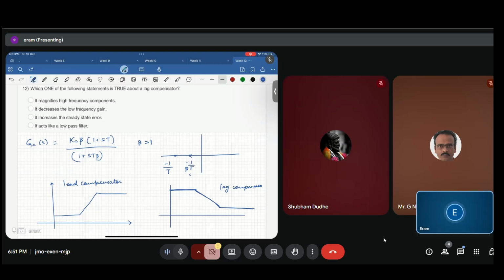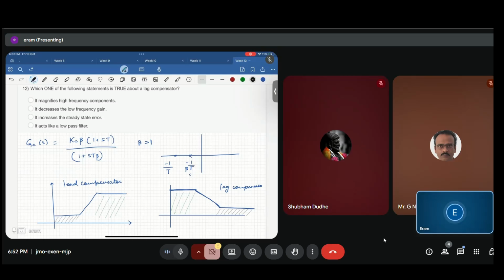In which frequency region do we have a high magnitude in the lead compensator? In the high frequency region. Okay, in the high frequency region we have a high magnitude, but in the lag compensator we have a high magnitude in the low frequency region. Similarly, we have a low magnitude in the low frequency region for the lead compensator and a low magnitude in the high frequency region for the lag compensator.